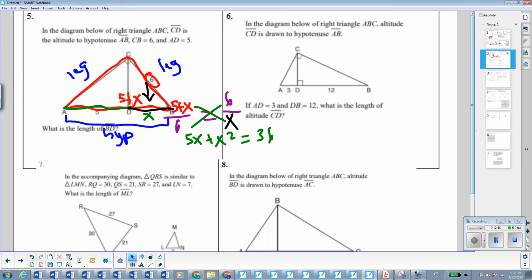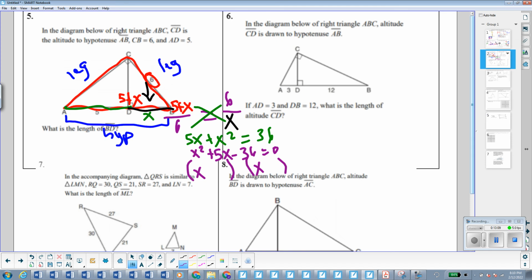I'm just going to make this quadratic equal to 0 by subtracting 36 from both sides. So I have x squared plus 5x minus 36 equals 0. I'm just going to look for two factors of negative 36 that add to give me positive 5.